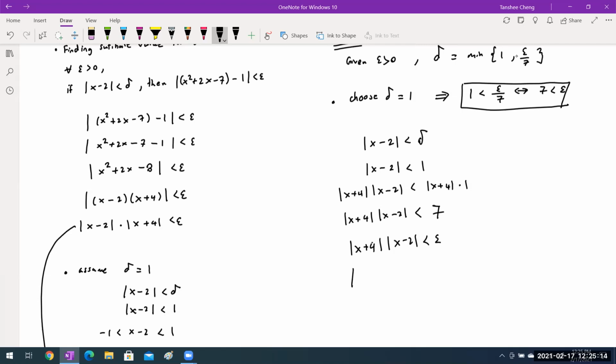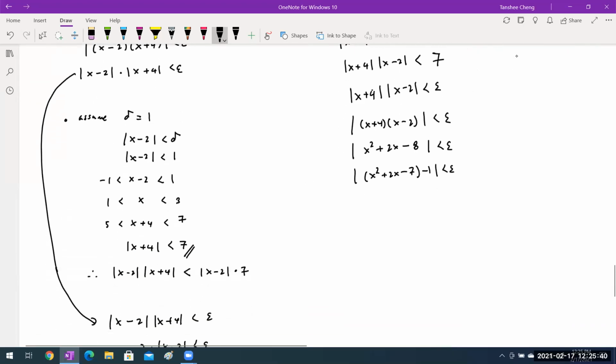So this basically becomes x plus 4 times x minus 2 is less than epsilon. Therefore, rewriting everything, x squared plus 2x minus 8 is less than epsilon, so this is x squared plus 2x minus 7 minus 1 is less than epsilon. So we got one part proven.